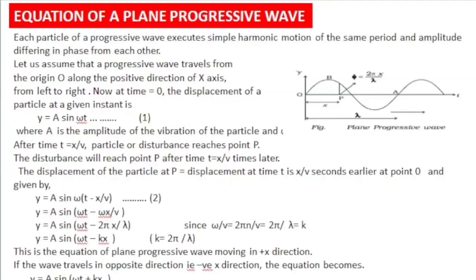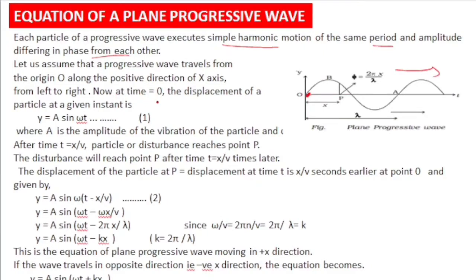So what is the equation of this plane progressive wave? How do you find the equation of this plane progressive wave? Each particle of a plane progressive wave executes simple harmonic motion of the same period and amplitude but differing phase from each other. Assume that a progressive wave travels from the origin O in the positive x direction.